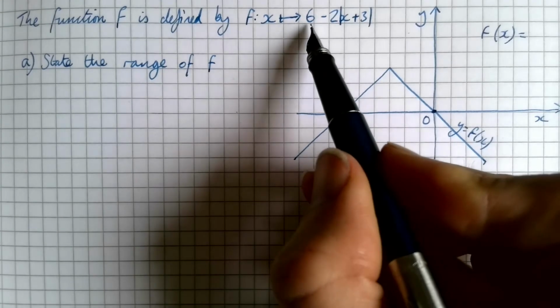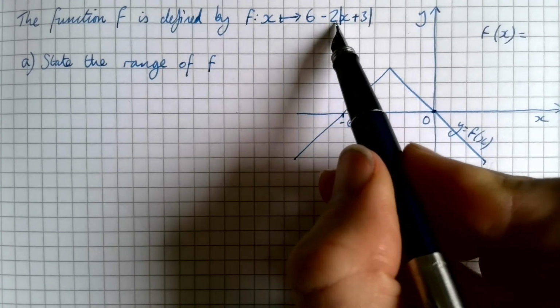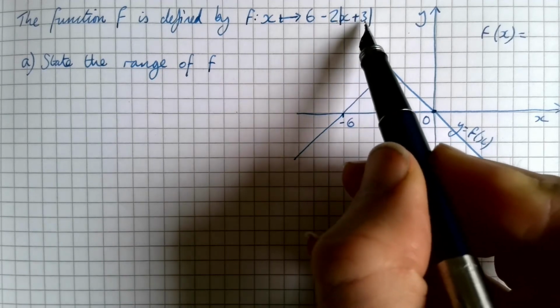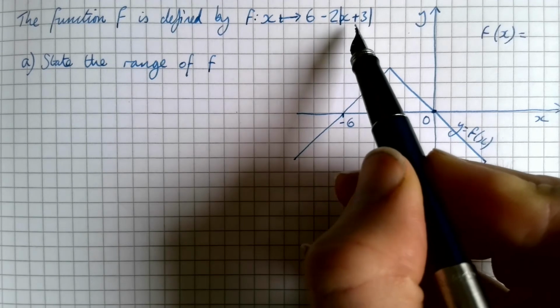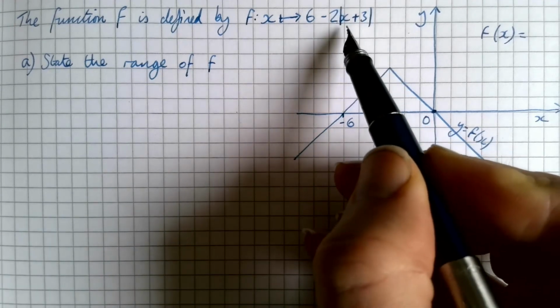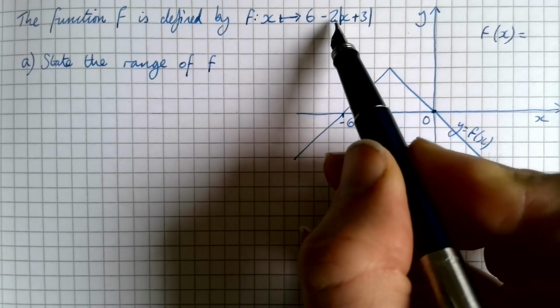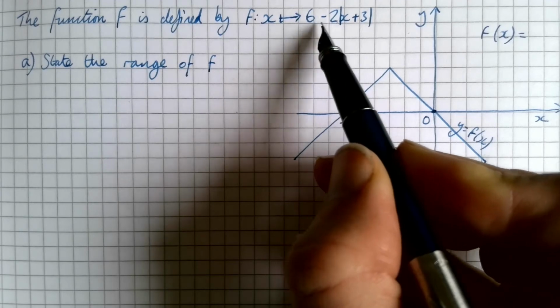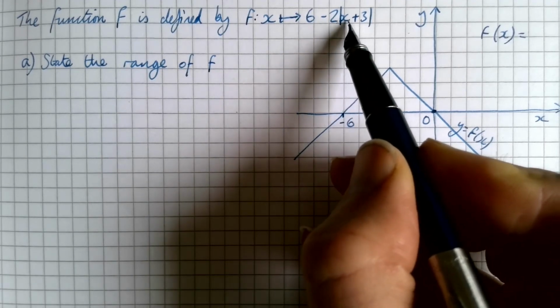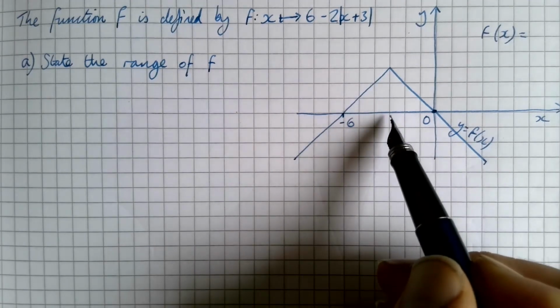Well, you've got 6 here, and you're going to be taking away 2 times whatever the modulus of this is. So the smallest amount we could be taking away from it would be 0, because this is a modulus. We can't be having a negative, so it's got to be a positive, so we're going to be taking something away, unless we're taking nothing away, because if x was negative 3, oh, that looks about right, doesn't it?